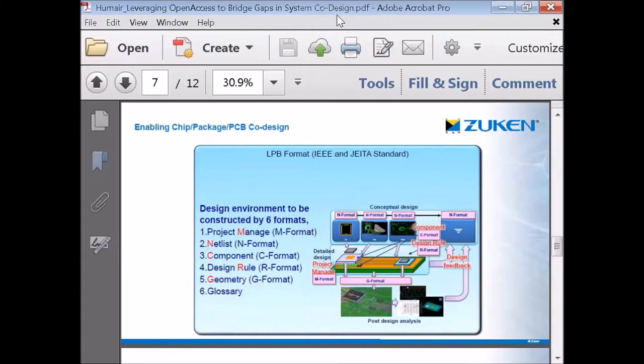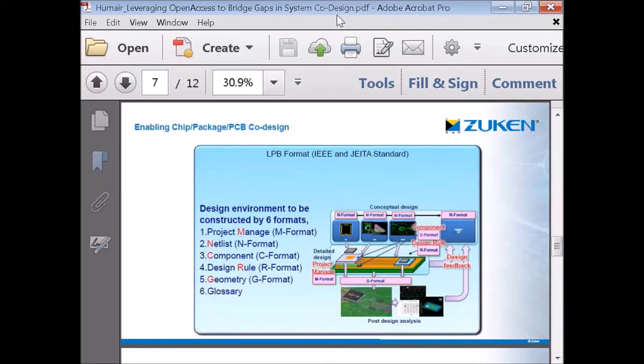So as part of this, we also looked at how we manage the data from a data exchange standpoint. So we have open access, which I'll talk about how we embed, but also when we talk about passing a lighter data model for co-design, now that you have a system, because we're leveraging open access for more of that chip level resolution, but now you have a whole system in place, how can you exchange that?